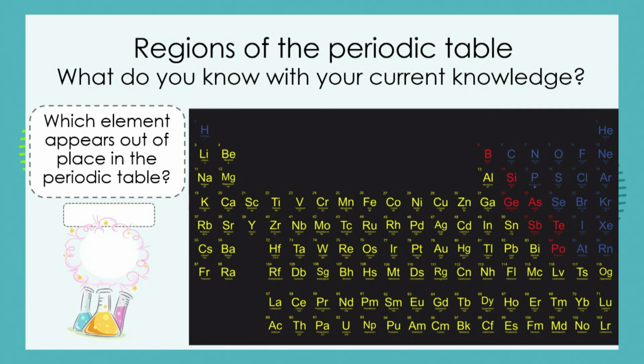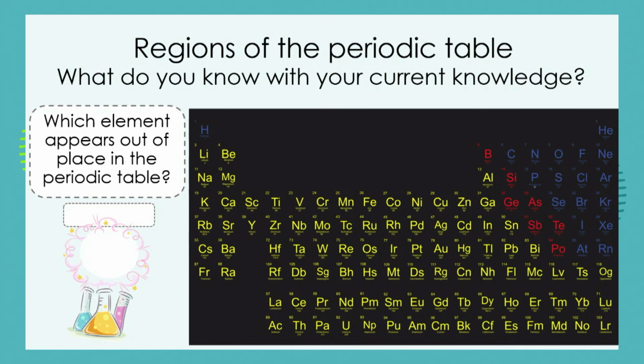It is in fact a gas. All right, and our last question, which element appears out of place in the periodic table? Which element looks like it's wandered away to somewhere else? And we see that it's good old hydrogen. Hydrogen is put over here on the periodic table.